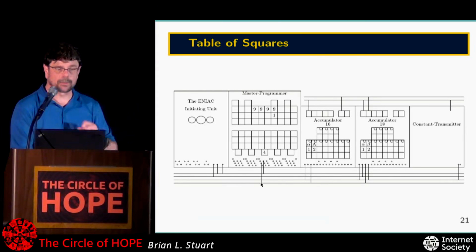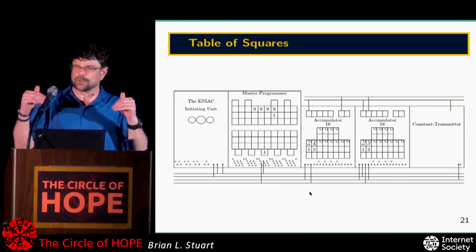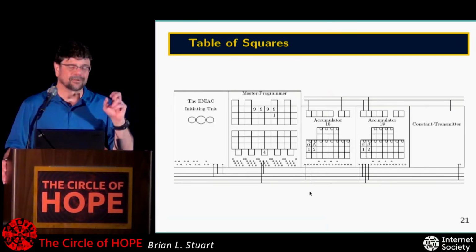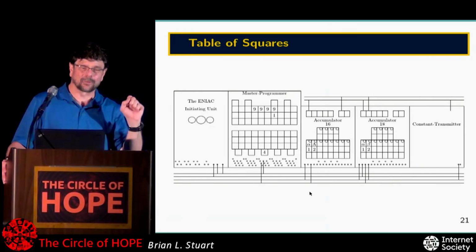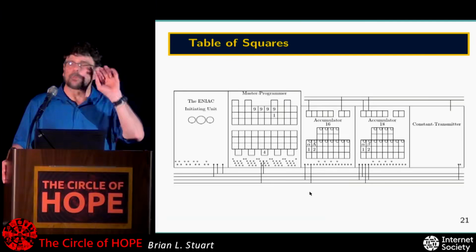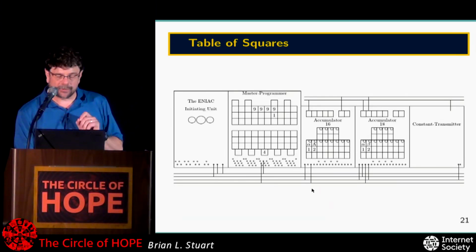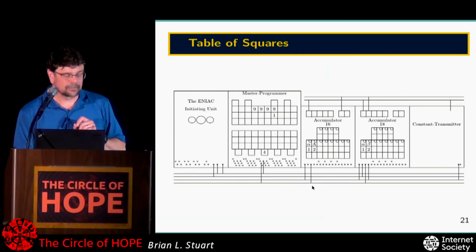So it says, I want to do an operation. Now, the particular operation is going to be calculating the square of a number. And it's going to do it using our favorite little equation that (n+1)^2 is n^2 + 2n + 1. So if I've already got n^2, I want to add 2n, and I want to add 1. So the first step is going to add that 2n.